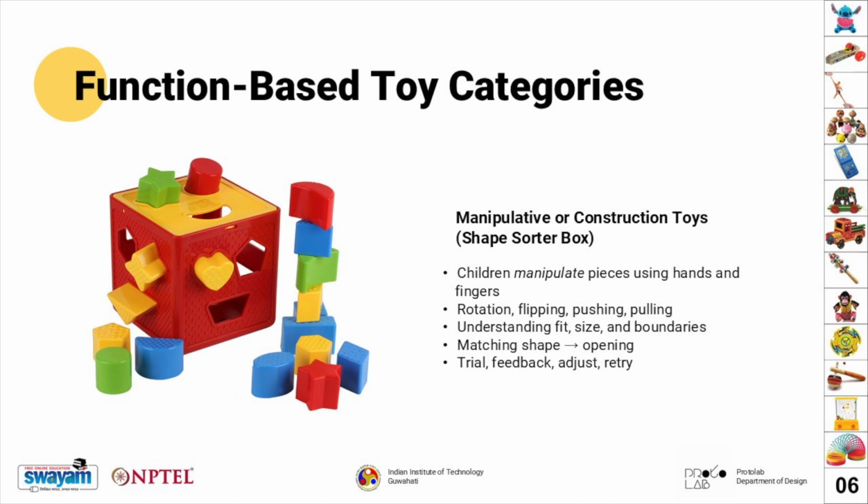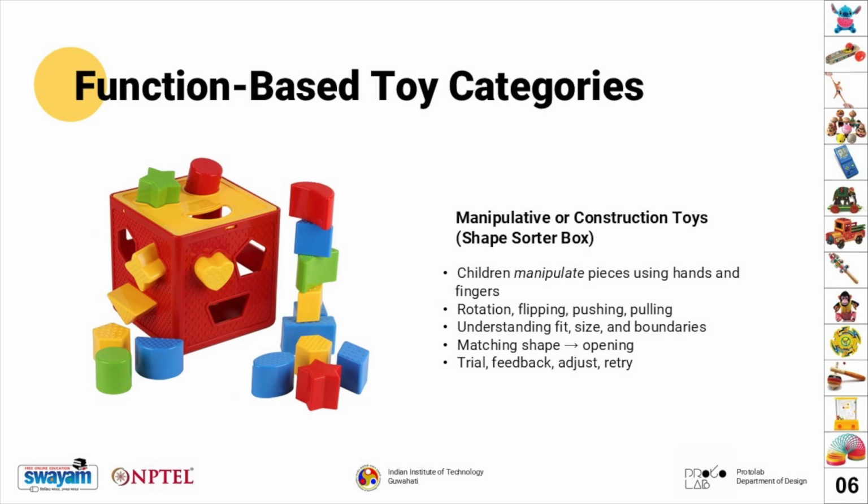This active manipulation strengthens fine motor skills, finger control, and wrist movement, all essential foundations for writing, drawing, and tool use later on. At the same time, they are learning how shapes behave.